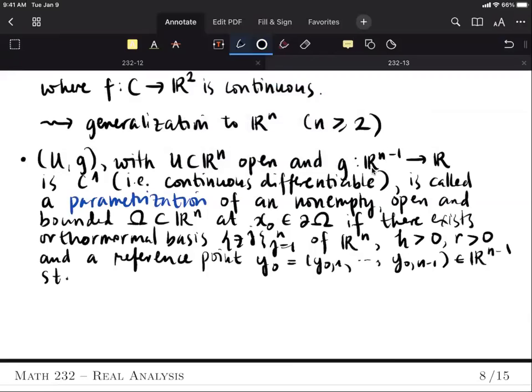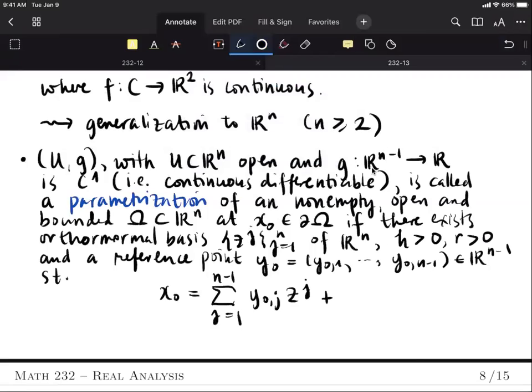such that the point on the boundary is a linear combination of the orthonormal basis in the following way. So the coefficients of y naught are the coefficients of x naught. Okay, so we have here a missing coordinate.